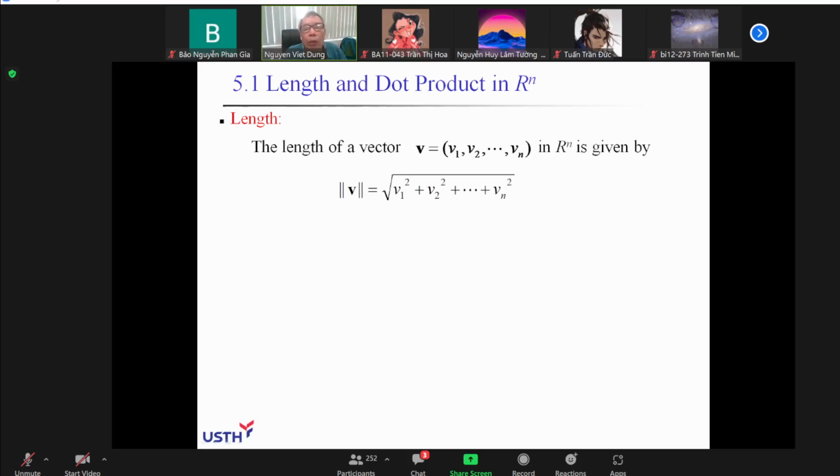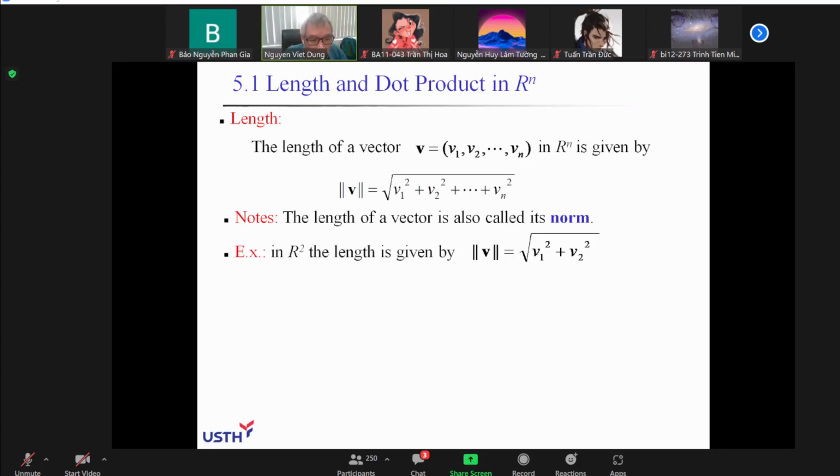I suppose that is somewhat familiar to you if we consider n to be 2 or 3. Sometimes the length is called the norm. In Vietnamese, norm means chuẩn. In case n is 2, the length of V is given by the square root of V1 squared plus V2 squared. I hope that is a little more familiar to you.